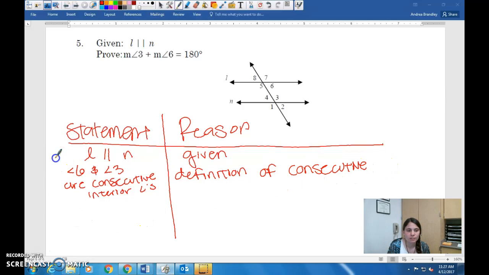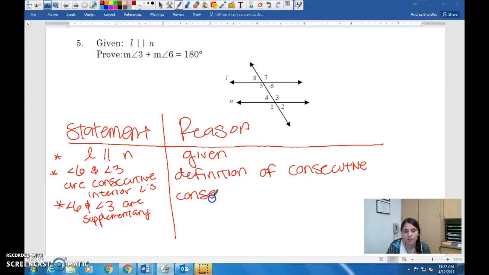And then, so this is my first statement, second statement, third statement. I'll just stick with how I did on the other one to avoid confusion. So angle 6 and angle 3 are supplementary. Why is that?